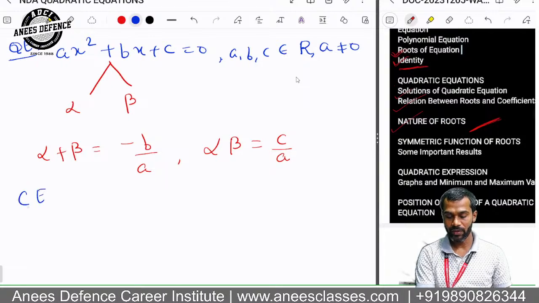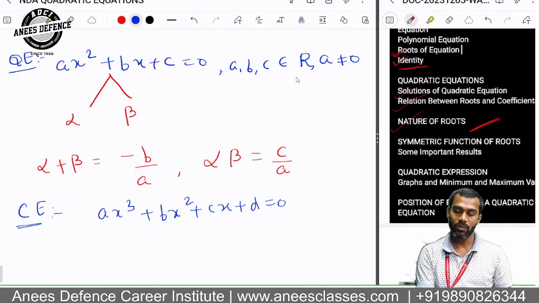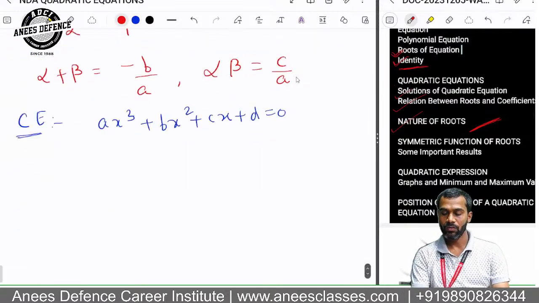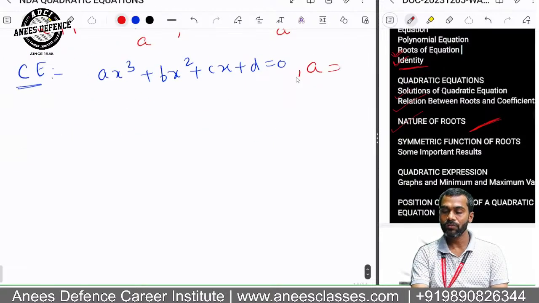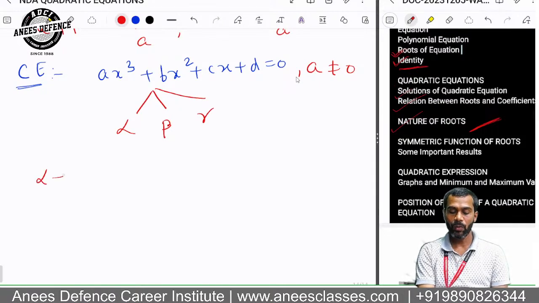Suppose we have a cubic equation, ax cube plus bx square plus cx plus d is equal to 0. So always remember a is not equal to 0. Suppose roots are alpha, beta, gamma. So now alpha plus beta plus gamma, that is summation alpha 1, if you remember, is minus b by a.